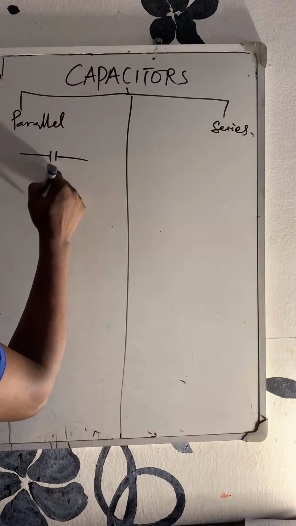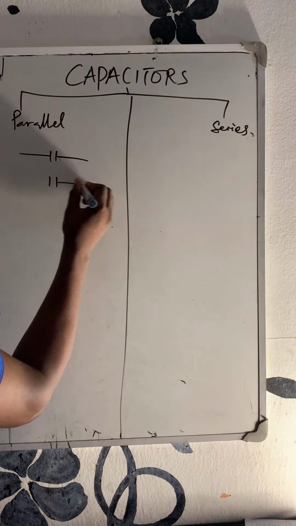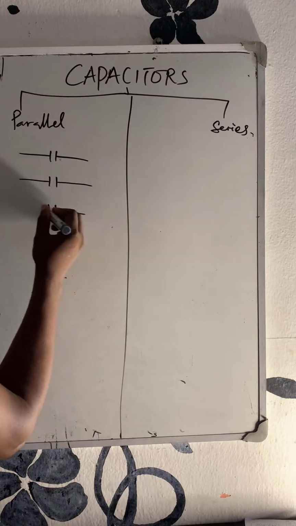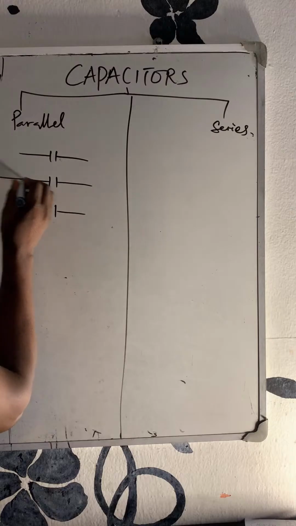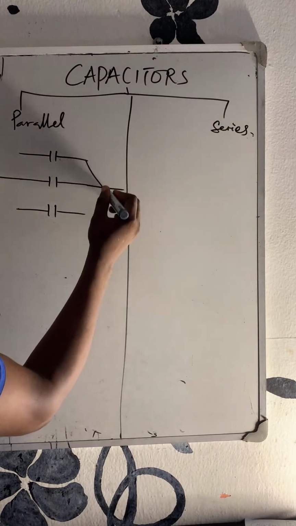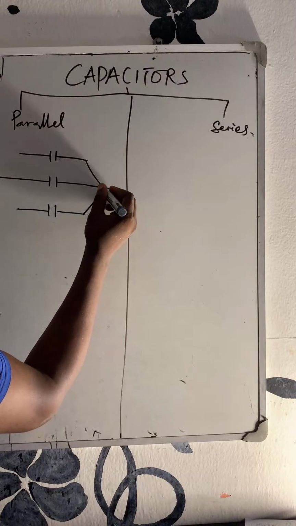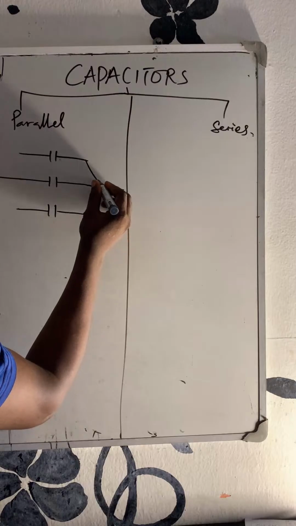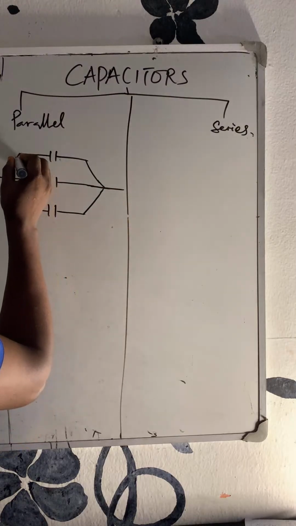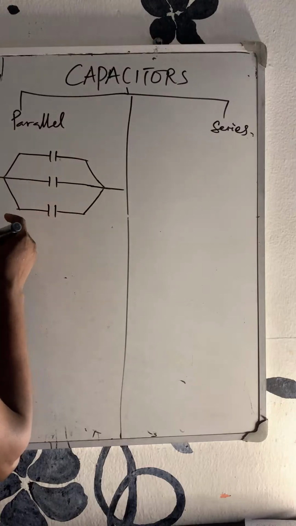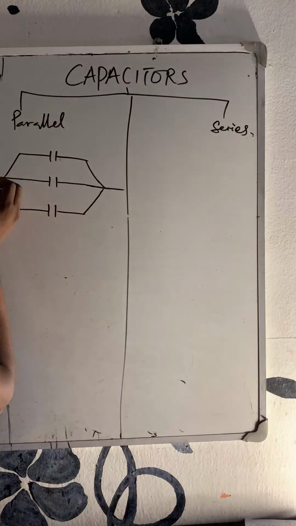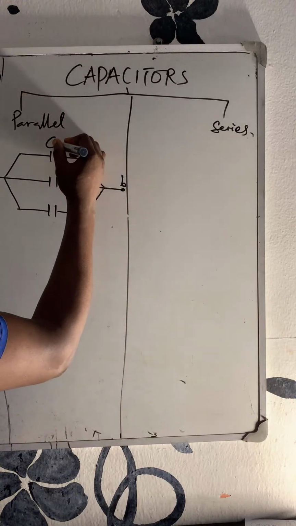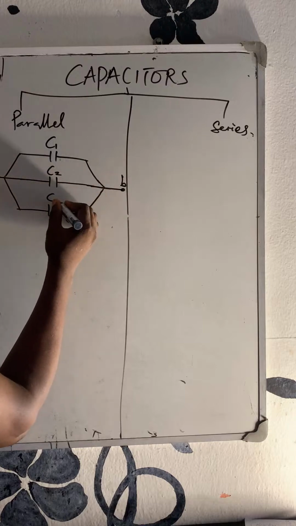So for parallel arrangement, let's say here is our point A, here is our point B. So this can be my C1, C2, and C3.